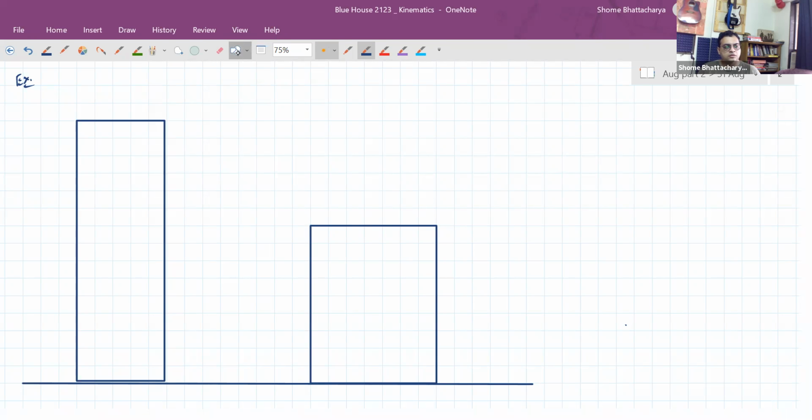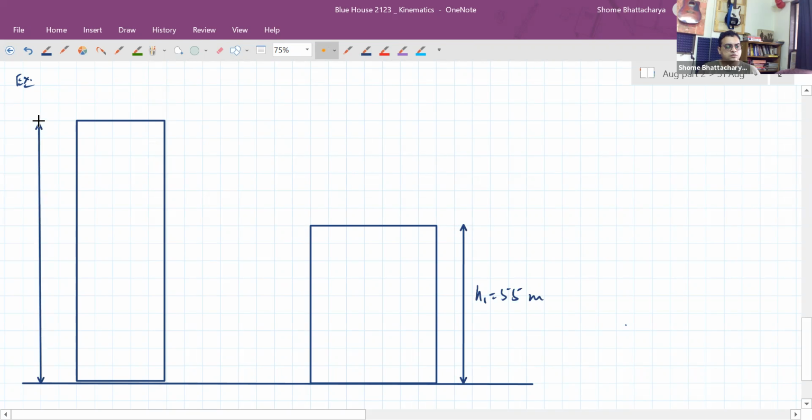And this one is at a height of 55 meters on the ground, and this one is of a height of 100 meters.